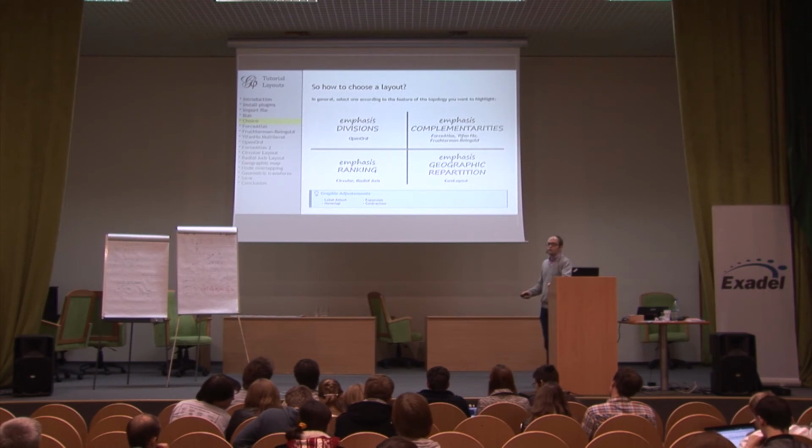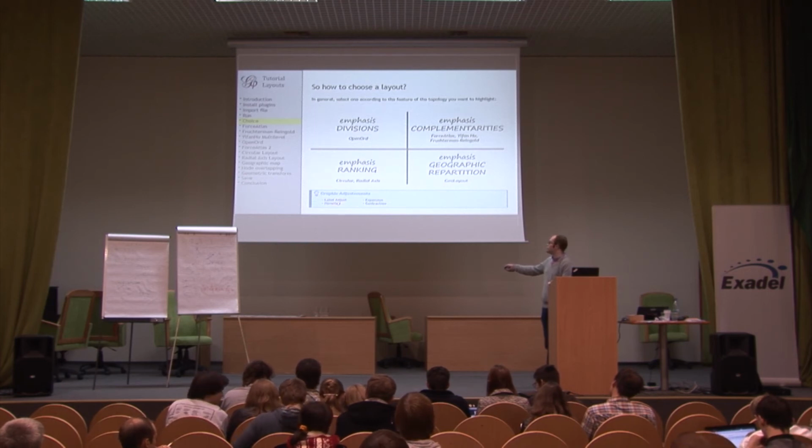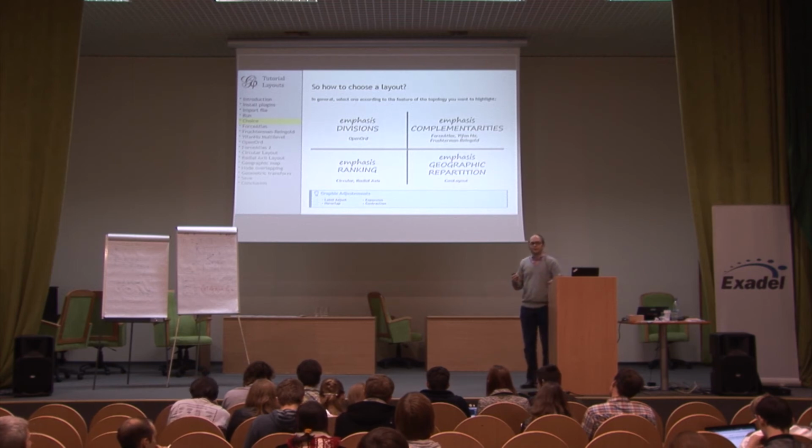So in Gephi, you will also have some utility layouts to make some adjustments. For instance, there is a label adjust layout, which is a way to get non-overlapping labels. Something very, very useful.